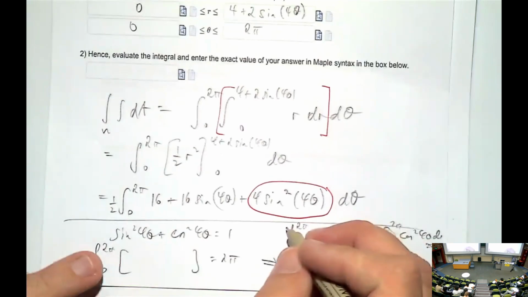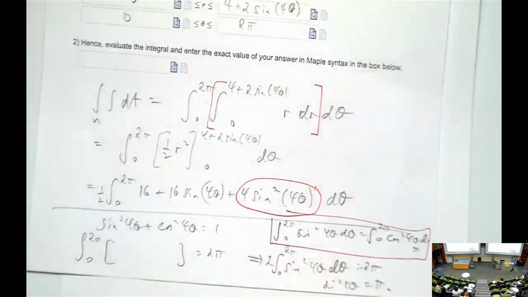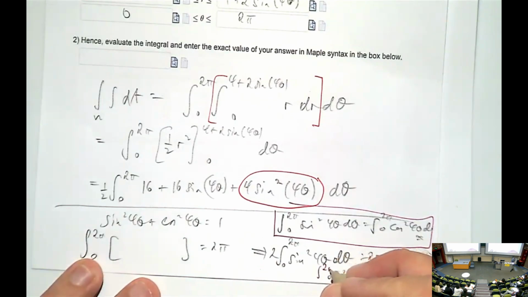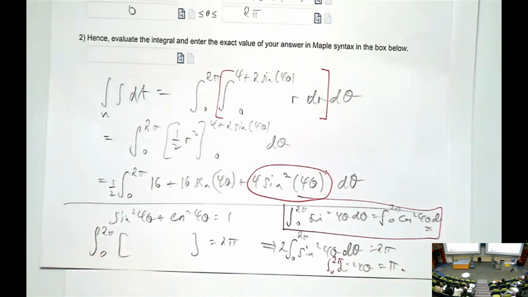Now, these two integrals are the same. So what does it mean? It means 2 times this integral is 2 pi. So that sine squared integral is just pi. That's how you can do things like integral of cos squared, integral of sine squared, without calculus. And I love calculus, but we haven't got time for that on a Tuesday afternoon, right?